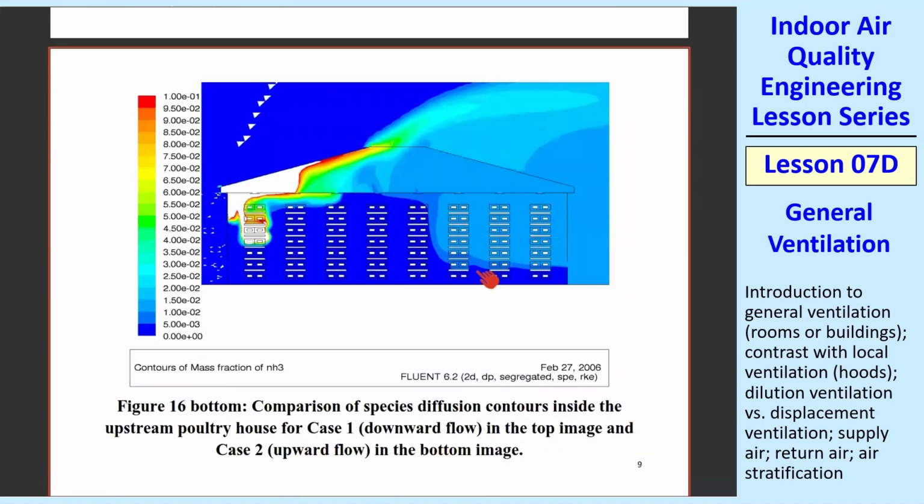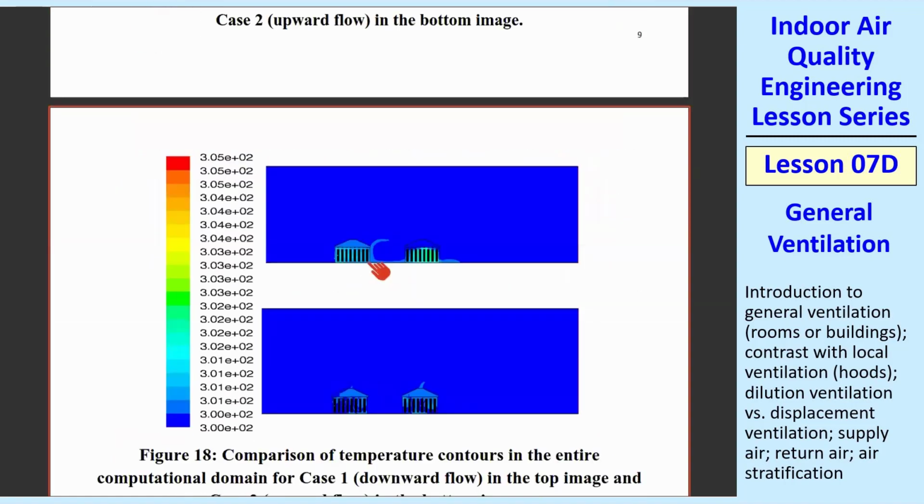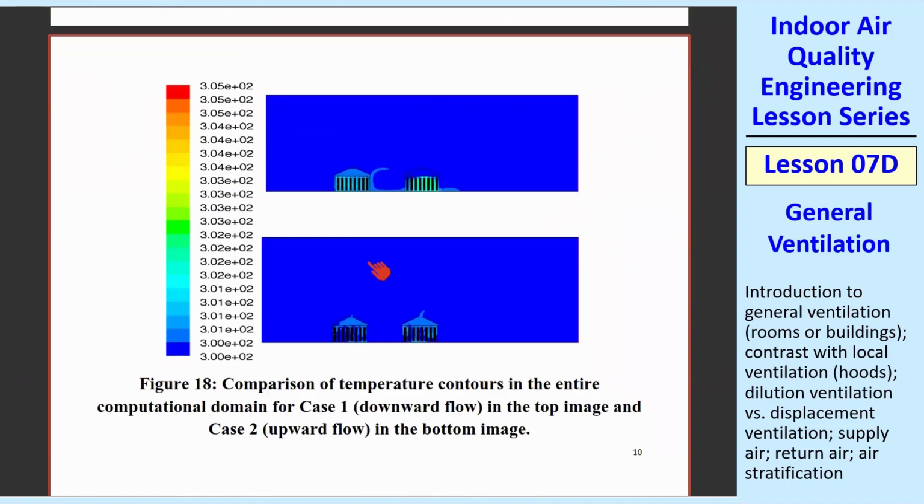In the case of the displacement type ventilation, here's where the chicken is contaminated, and there's a thermal plume because these chickens are warm-blooded, and so it goes right out the top. There is some spread. When there's that big vortex, some of that contaminated air comes back in and affects these chickens, but some of these chickens in the middle are still breathing some fairly pure air, so they don't get contaminated. And then we also looked at temperature contours.